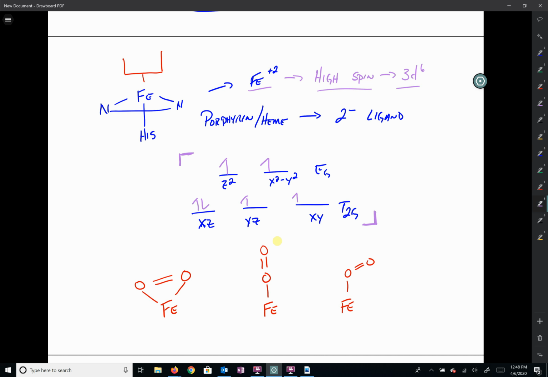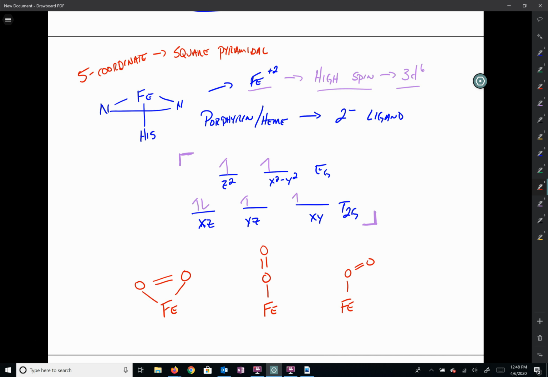When we have an open coordination site on the iron, with just the porphyrin and the one histidine, we've got a 5-coordinate ligand system, which is, in this case, going to be a square pyramidal geometry.